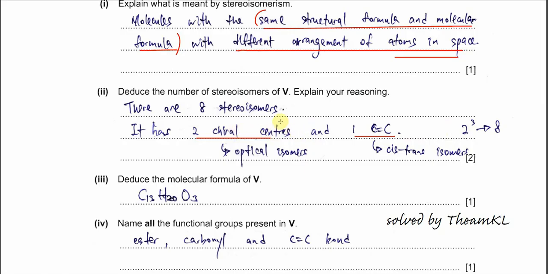So 2 times 2 times 2 is actually 2 to the power 3. Therefore we can get 8 stereoisomers.